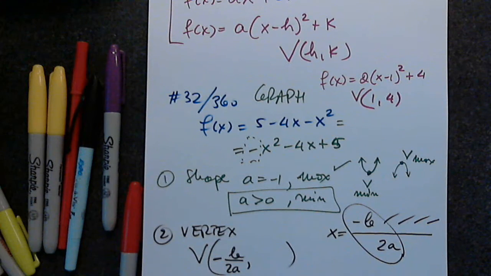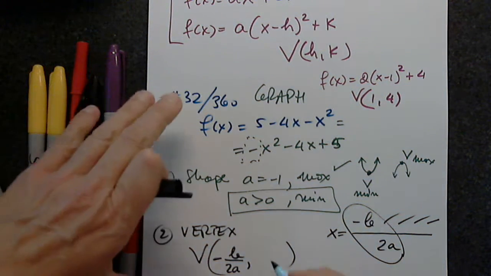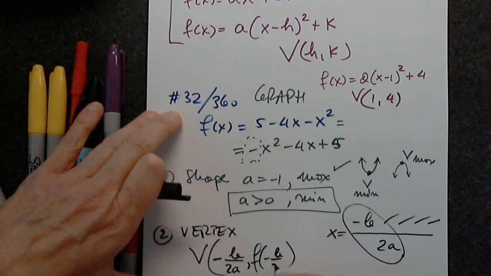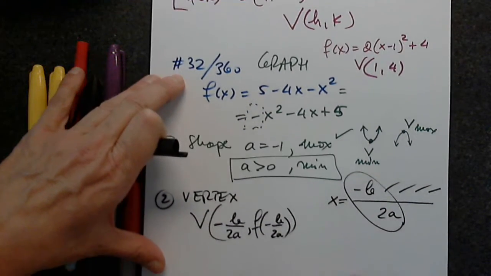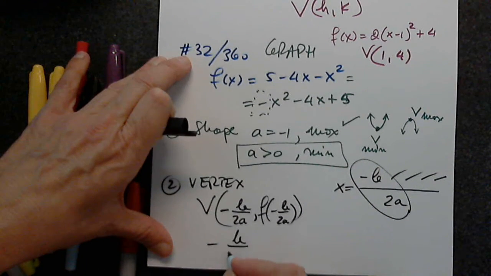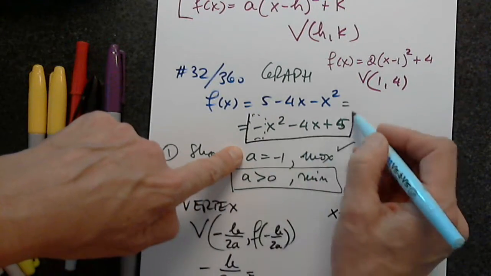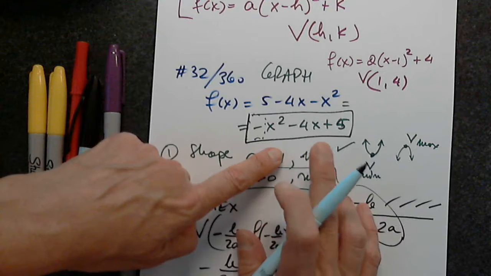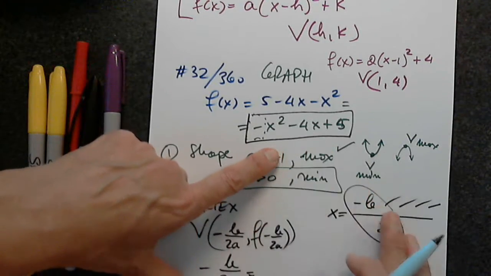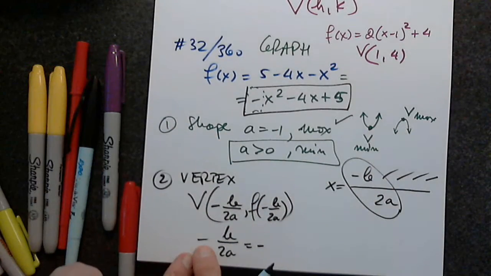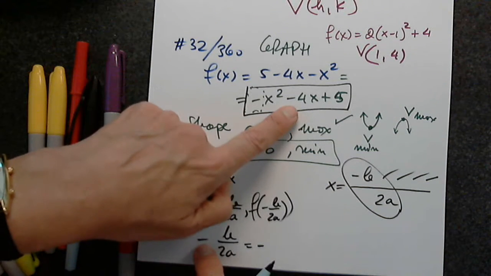negative b over 2a. F of negative b over 2a. Now we're ready to find negative b over 2a. That's why I needed it. That's the second reason why I needed this in descending order. Mandatory. So negative is outside from the formula. How much is b?